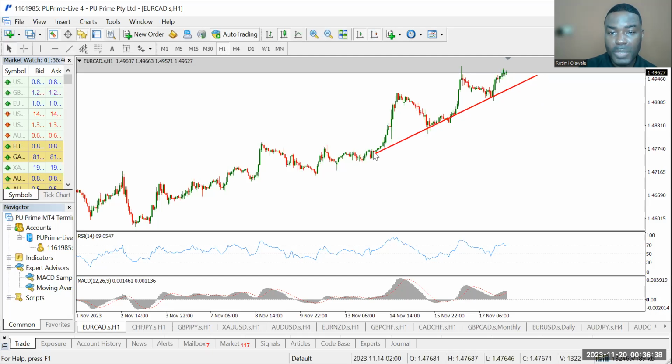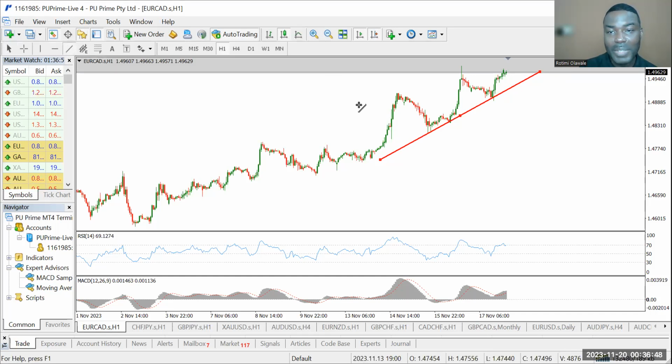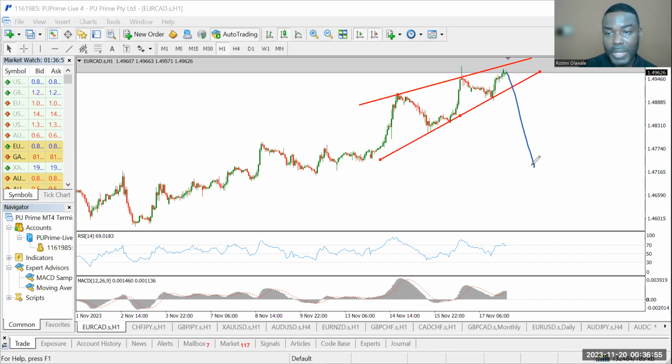But what is most important in all this is that we're looking out for a bearish breakout in whatever format it comes. All right, so with all this, I still hold a very strong bearish projection on EURCAD this week.